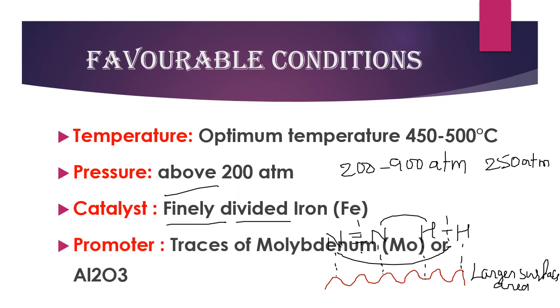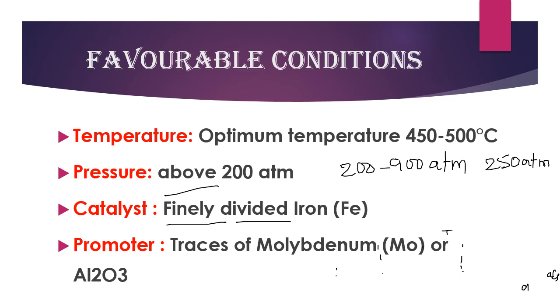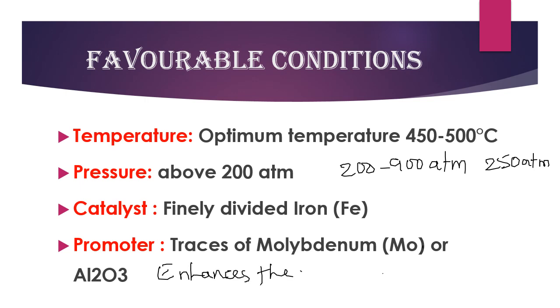Then the last one is the promoter. We are using molybdenum here as the promoter, or you can also use aluminium oxide. Again, these also will be in powder form, but you are not using them in large quantity, only trace amounts. So sir, what is the role of the promoter? It enhances the activity of the catalyst, means it will make the catalyst more efficient.